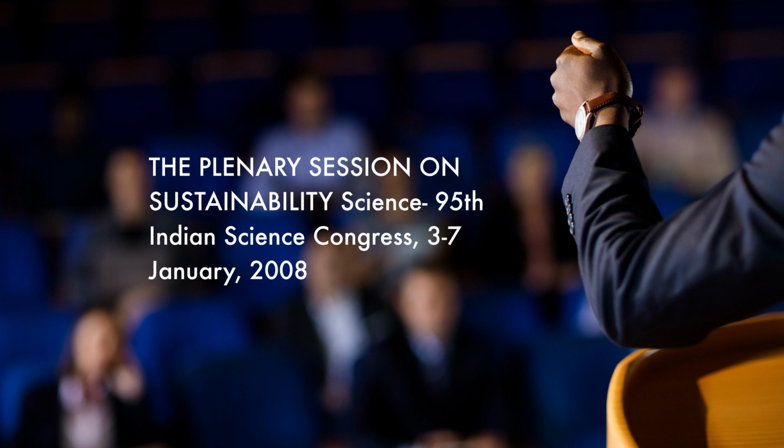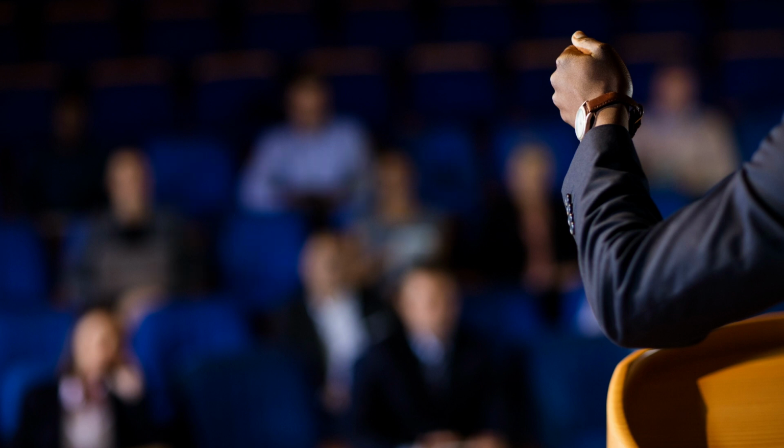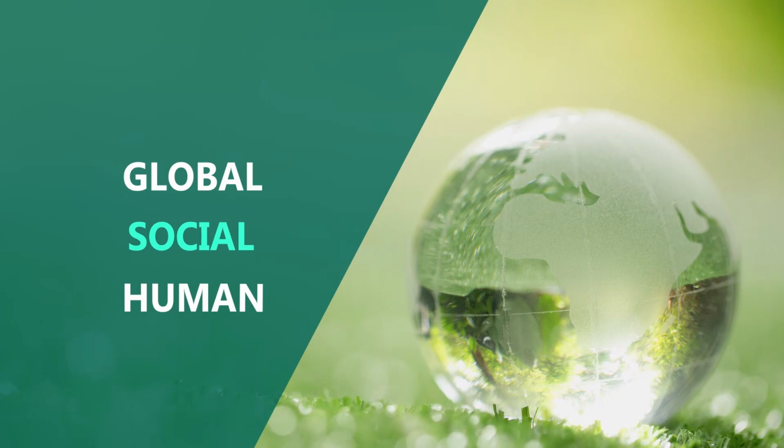So in this session, what we have learned today, as a take-home point, is that in the 21st century, when we talk about sustainability, we are talking about a sustainable planet. To understand a sustainable planet, we need to understand three important levels of system: the global, social, and human systems.